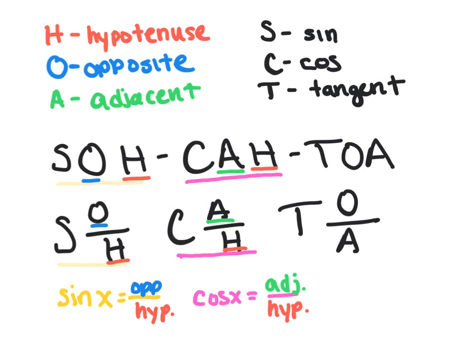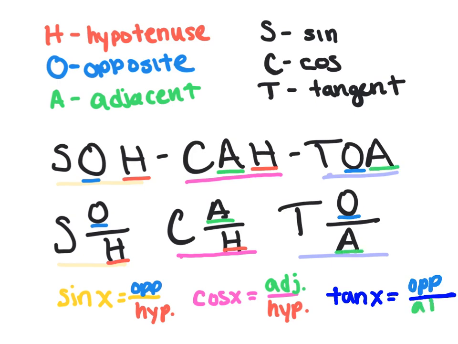And our last one, for tangent, tells us that it would be tangent of x equals the opposite on the top, so it's opposite over the A, or the adjacent on the bottom.